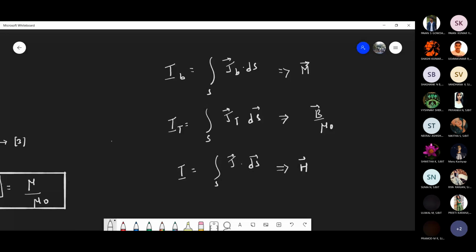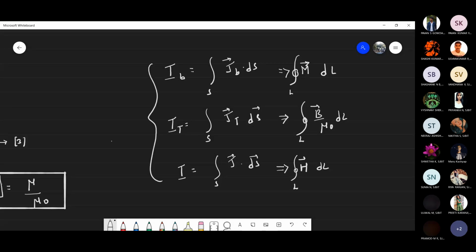So this will be like the line integral of M dL, the line integral of B by mu naught dL, these are contour line integrals, and the line integral of H dL. I is equal to the line integral of H dL. Is this okay, guys? Yes, sir. You should refer to equation 1, and you'll get all these equations.